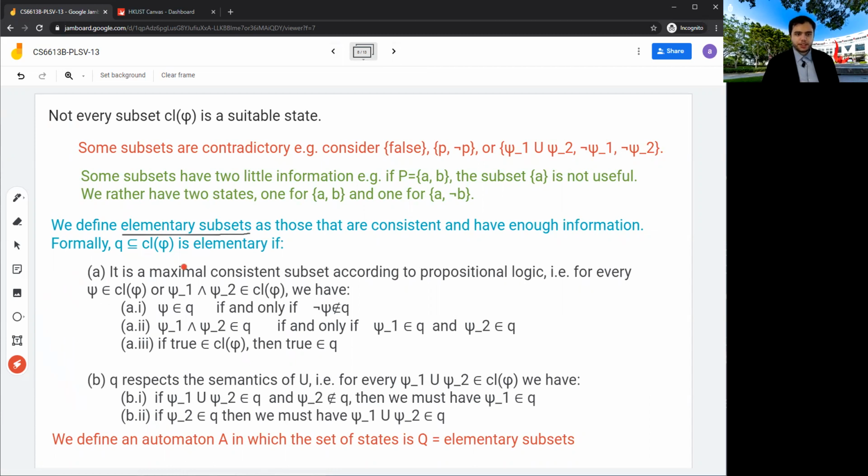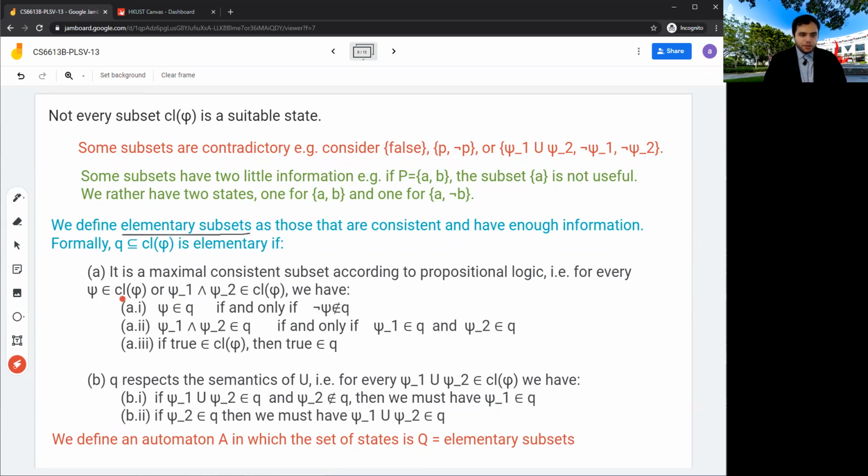So the first thing that it should satisfy is that it should be consistent, so it shouldn't be contradictory. And it should be a maximal consistent subset according to propositional logic. So what do I mean by this? Exactly what I mean is that if there is some formula psi, let's say that I have a formula psi in the set of formulas, and I also have this psi1 and psi2.